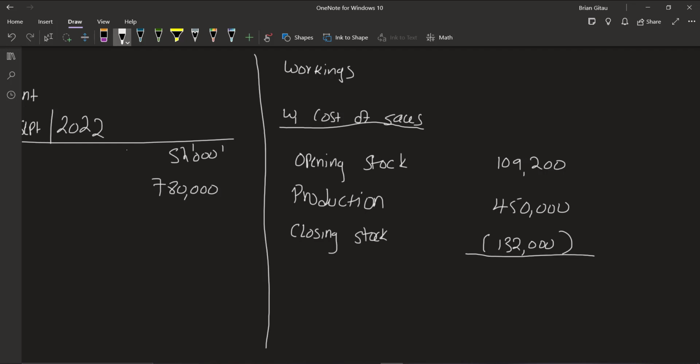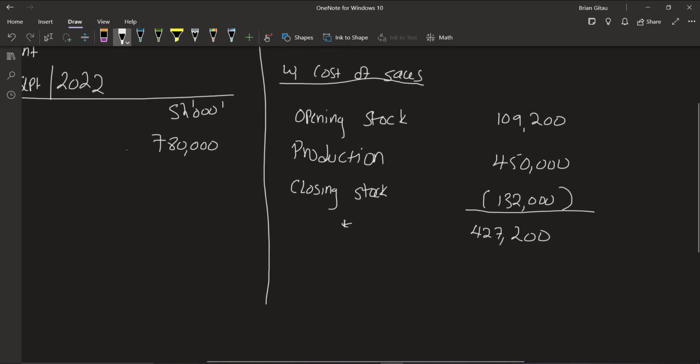Now we can get the figure for cost of sales: 109,200 plus 450,000 minus 132,000, giving us 427,200. That is our figure for closing cost of sales.